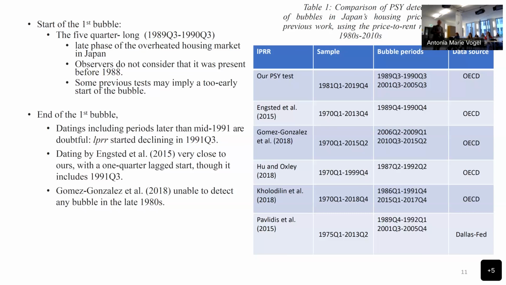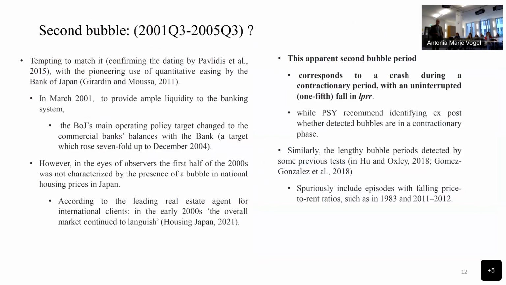Well, you see that some work even is unable to detect any bubble there. So that's a little bit strange. They dated later. So now the second bubble, the one which lasted quite long.